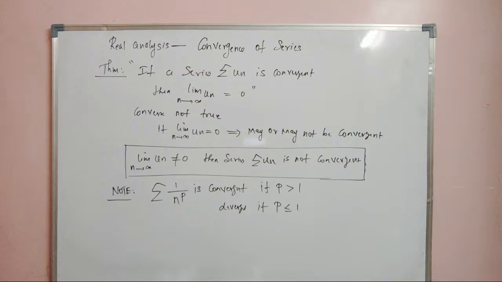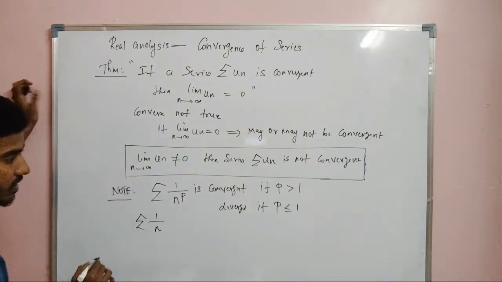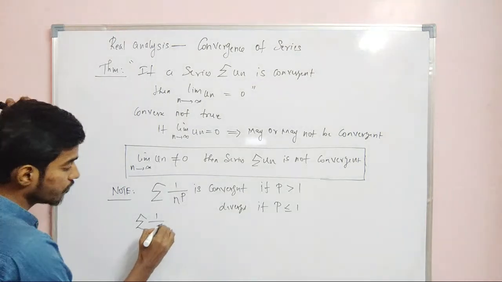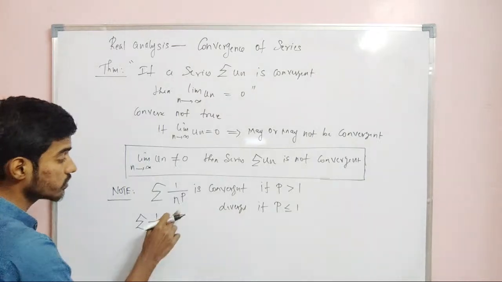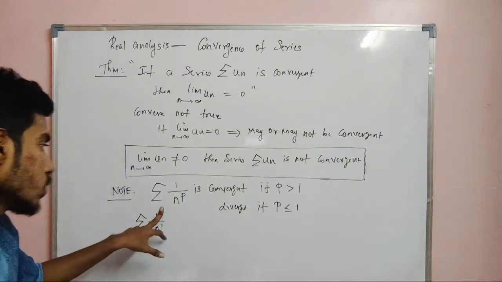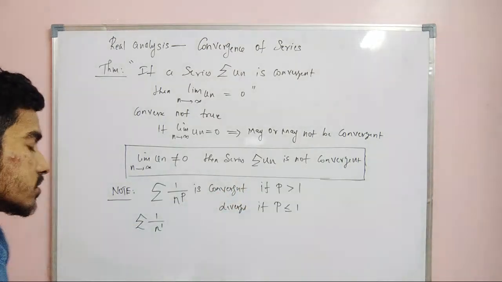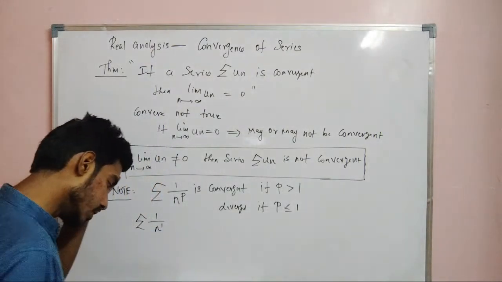So for the series summation 1 by n power p, for example, just now we saw summation 1 by n is divergent because p is 1 here, so p is less than or equal to 1, it is divergent. This is a very important series. It is called the harmonic series. So the harmonic series summation 1 by n power p is convergent if p is greater than 1, and it is divergent if p is less than or equal to 1.